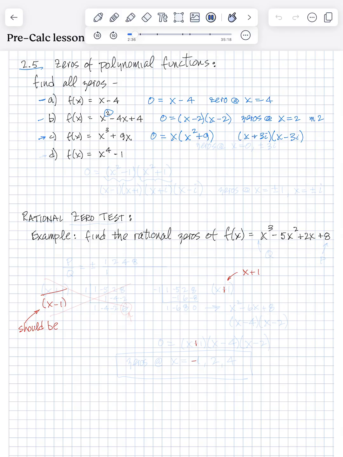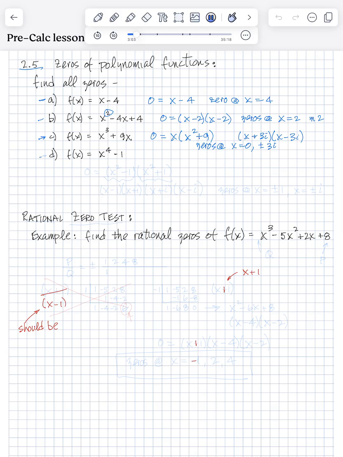And so that means our zeros, we have x equals 0, and x equals plus 3i and x equals minus 3i. There's our 3 zeros. So we'd say zeros at x equals 0 and plus or minus 3i.